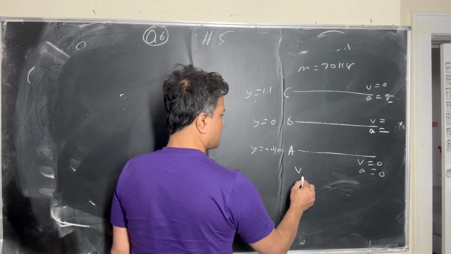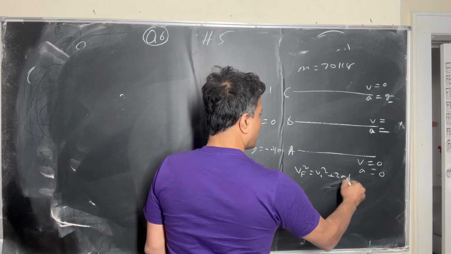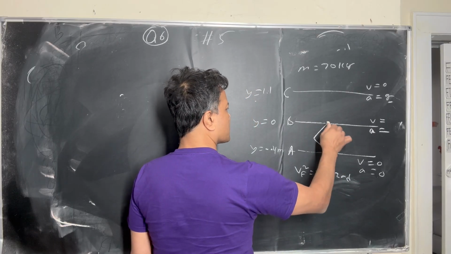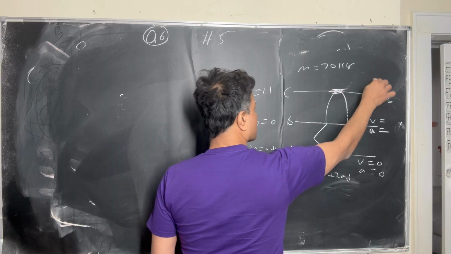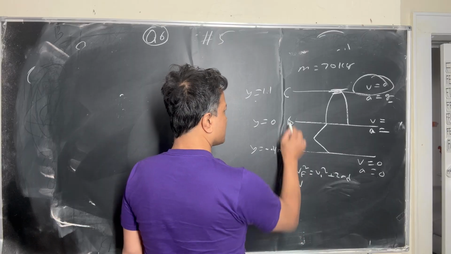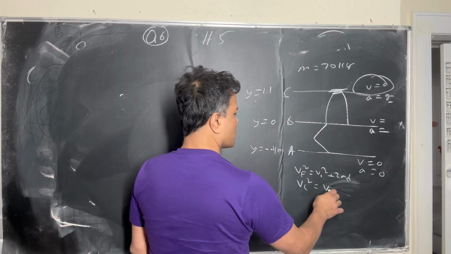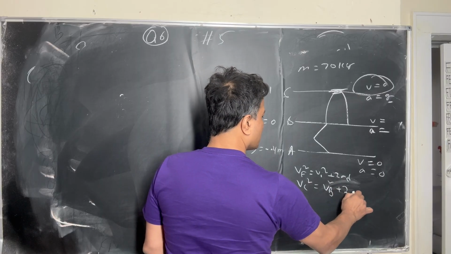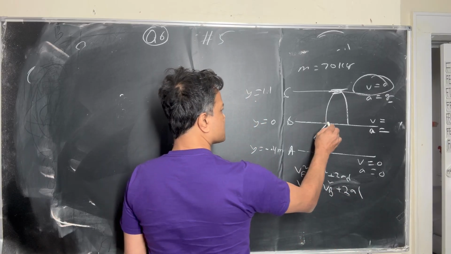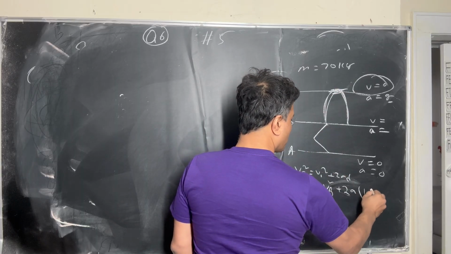So you're going to say vf squared is equal to vi squared plus 2ad. We have to take advantage. He's crouching over here. This is his max height, so velocity has to be 0 over there. So we're going to say this is vc squared because we know the velocity over there. vb squared, we want to know the velocity at there. 2a, since he is here to here, then we have to use this height, 1.1.